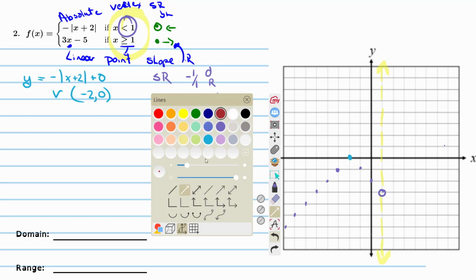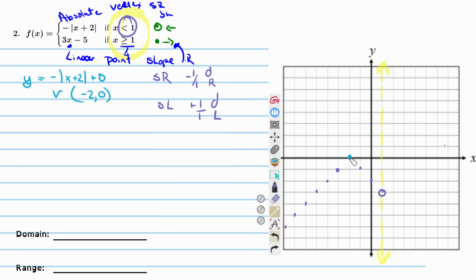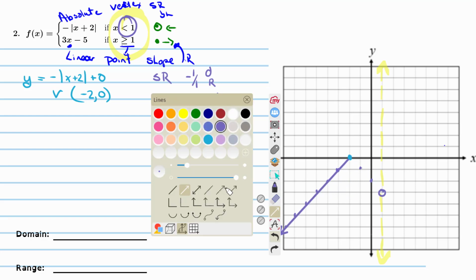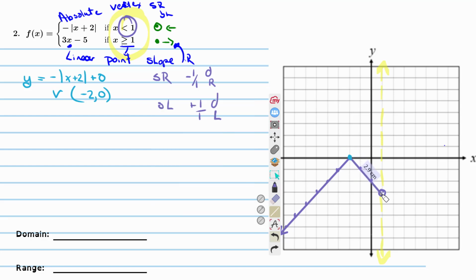So let's get my absolute value graphed. So I'm going to the left, I have an arrow at the end. And then as I'm going to the right, I just have the line. So now, let's go ahead and do our other graph.